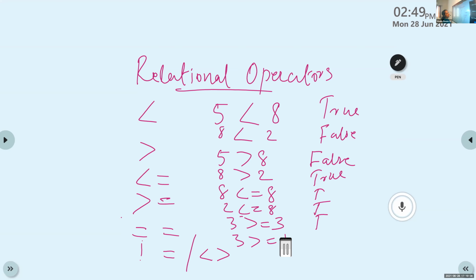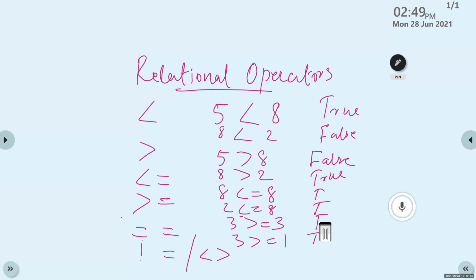False? Why is it false? Either it is greater than or equal to, then the answer is true. 3 is greater than 1, so the answer is true.